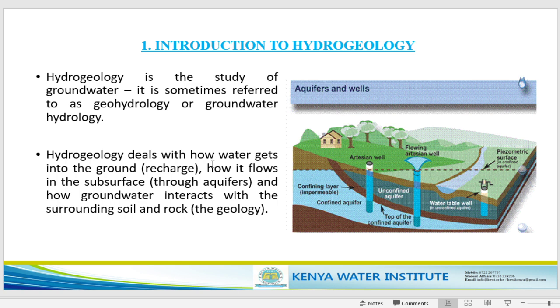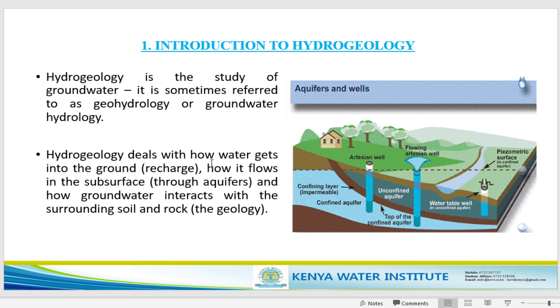Hydrogeology deals with how water gets into the ground, or how it is recharged, or sometimes we say how it infiltrates from the surface into the subsurface. After it has gotten to the subsurface, it then flows through what we call percolation. It percolates through the aquifer.